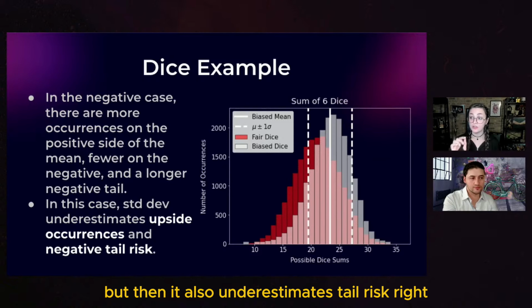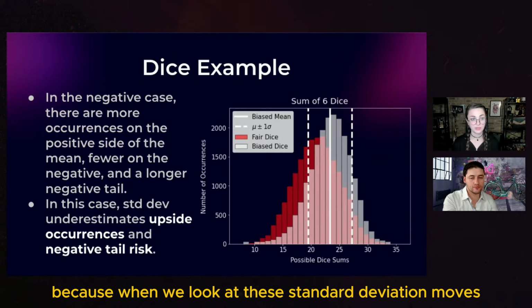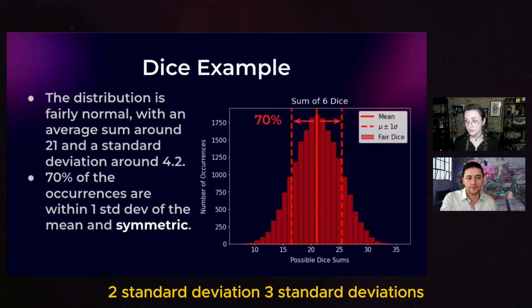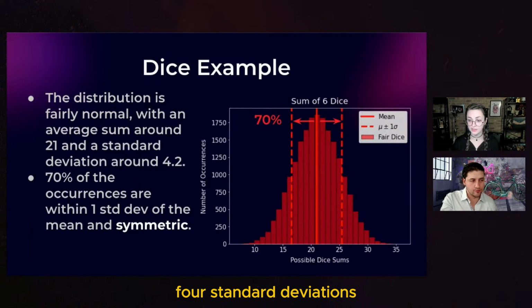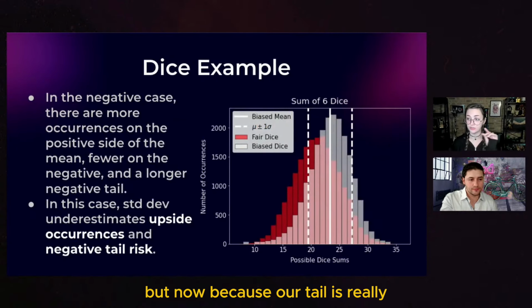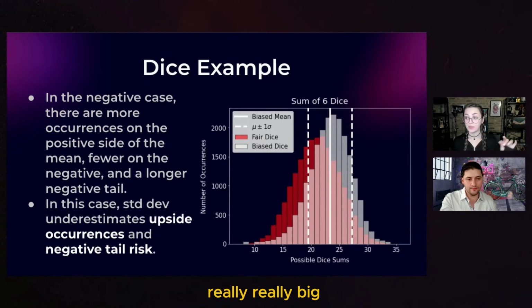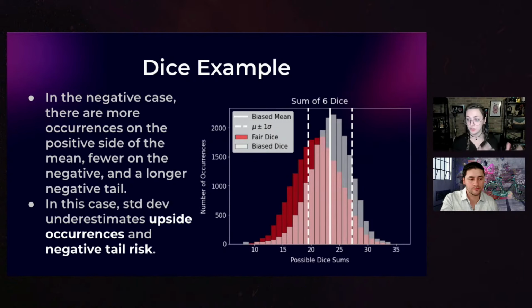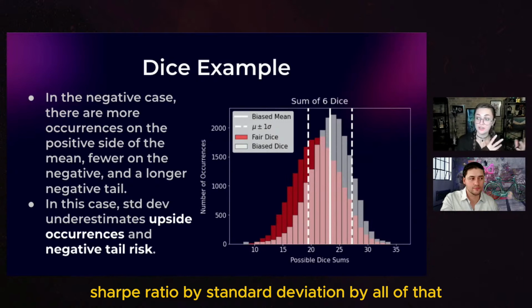But it also underestimates tail risk, because when we look at these standard deviation moves, whether that's 1, 2, 3, or 4 standard deviations, that assumes a level of symmetry when we look at our outliers. But now, because our tail is really, really big, that's not necessarily quantified effectively by the Sharpe ratio, by standard deviation, by all of that.